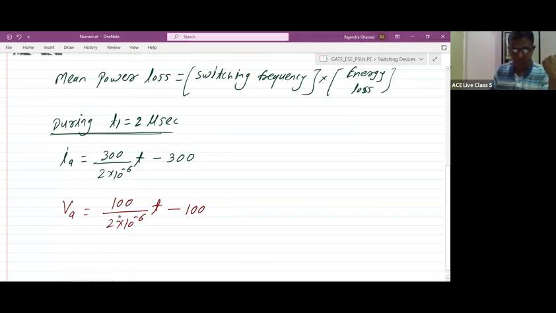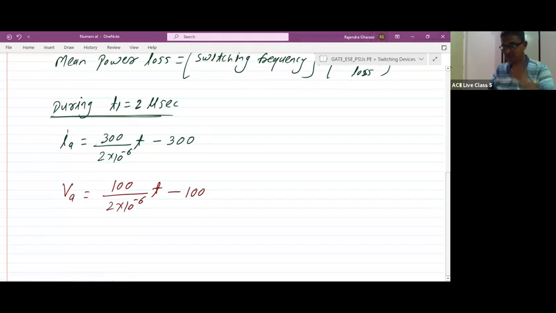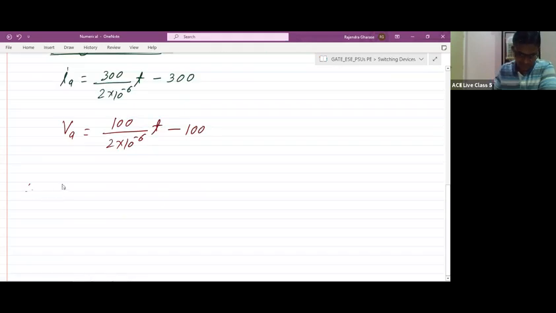In the same way, we can write for VA. Now we can find the energy loss. You can write power loss also directly, it doesn't matter. Energy loss is equal to integration from 0 to t1 of VA into IA into dt.